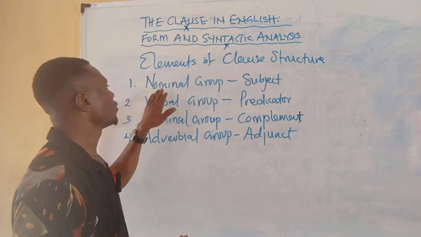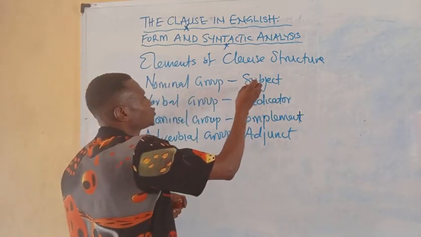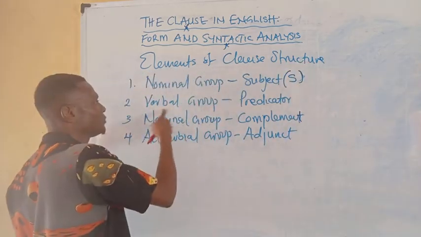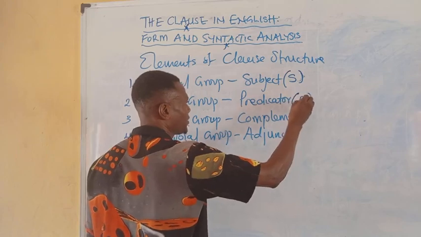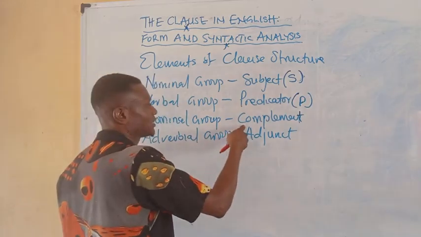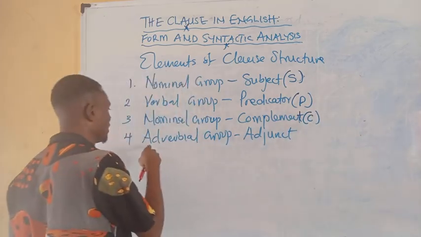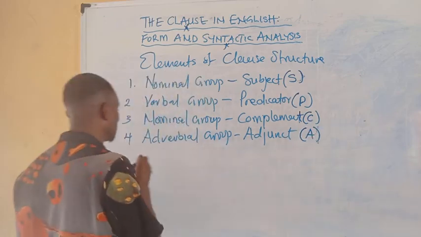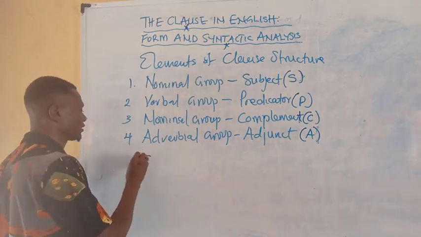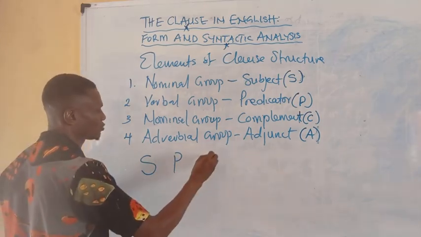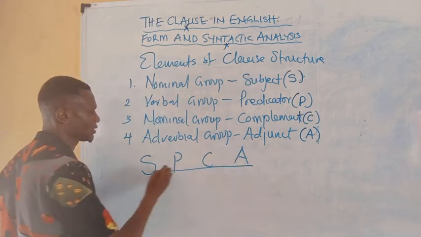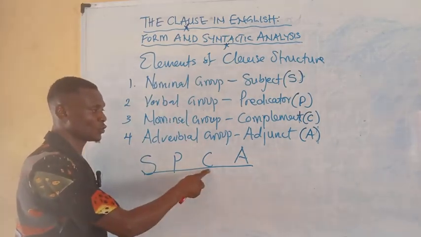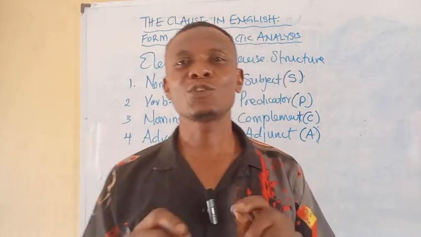Number one, we have the nominal group, which has to do with the subject, represented by capital letter S. Number two, we have the verbal group, that is the predicator, capital letter P. Then we have the nominal group, complement, capital letter C. Then we have the adverbial group, which has to do with the adjunct, capital letter A. Therefore, the elements of clause structure are subject, predicator, complement, adjunct. This is the arrangement on how to form a correct and simple sentence.